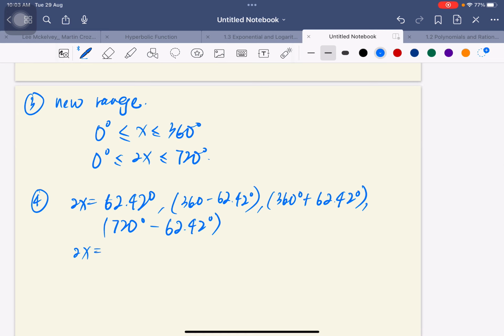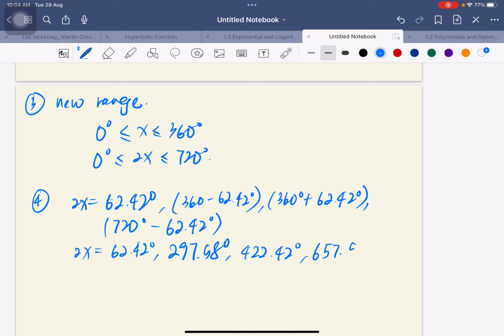So let's simplify. 2x equals 62.42, and 360 minus 62.42 is 297.58, and 360 plus 62.42 will be 422.42 degrees, and the last one, which is 720 minus 62.42, will give you 657.58 degrees.